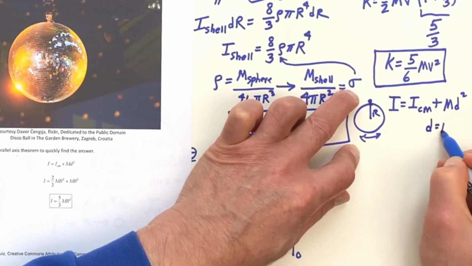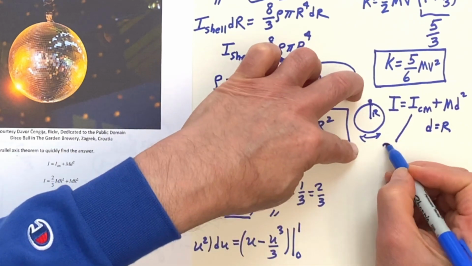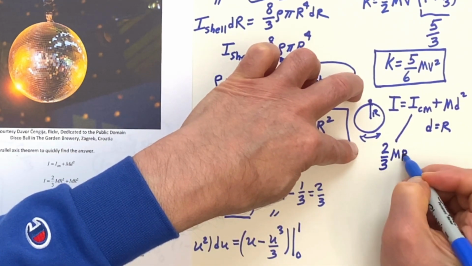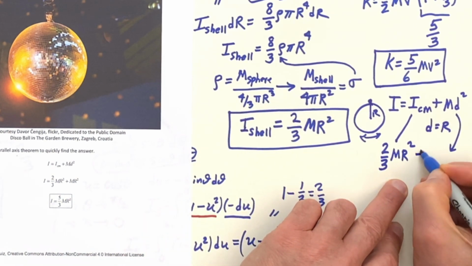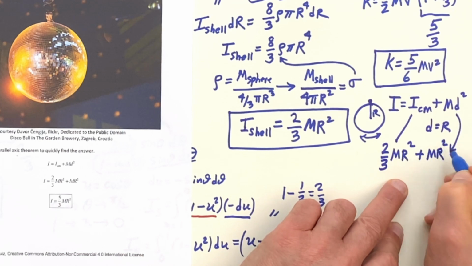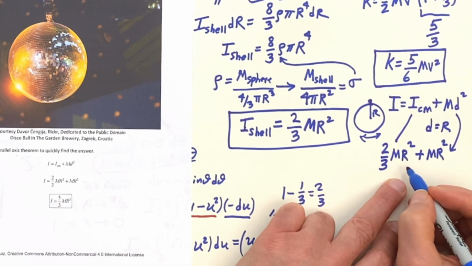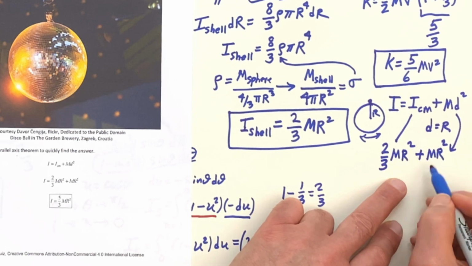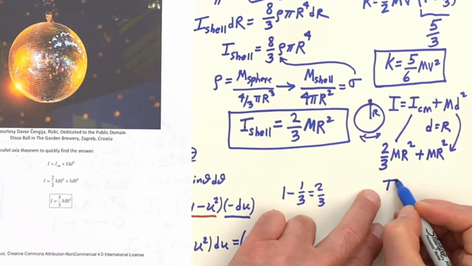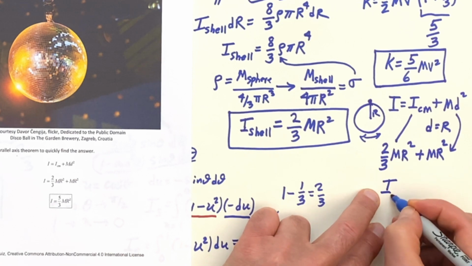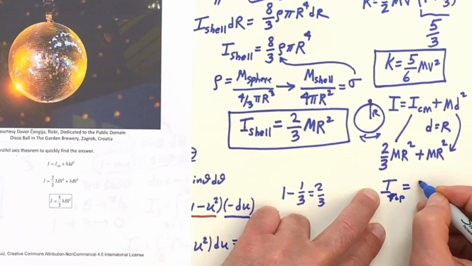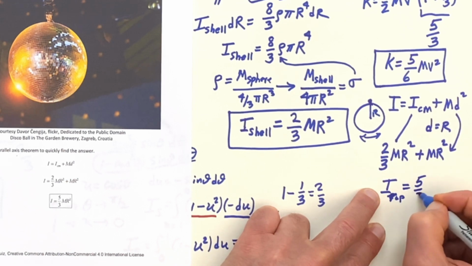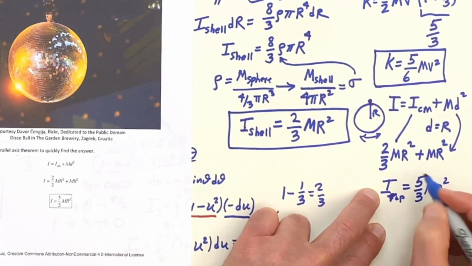So the d is going to be r, and the I is your 2/3 m r squared. So you're basically here adding mr squared to the 2/3 mr squared, and 1 is 3/3, so you're going to have 5/3. So this is about, say, the top, like you're hanging it. So this is going to be 5/3 mr squared.